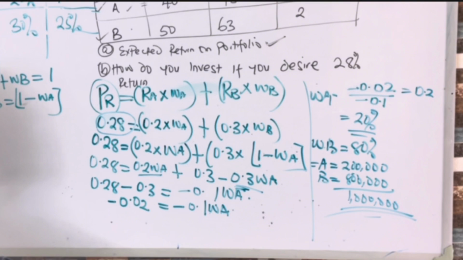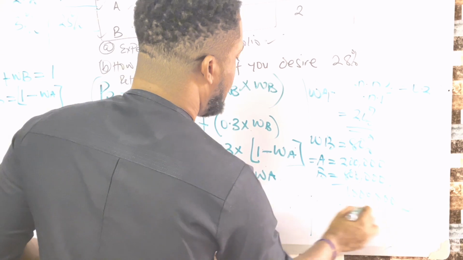Since the entire fund is 1 million, it means that I should redistribute the assets such that A has 200,000 investment and B has 800,000 investment, and this total is 1 million, which is the fund in that portfolio.